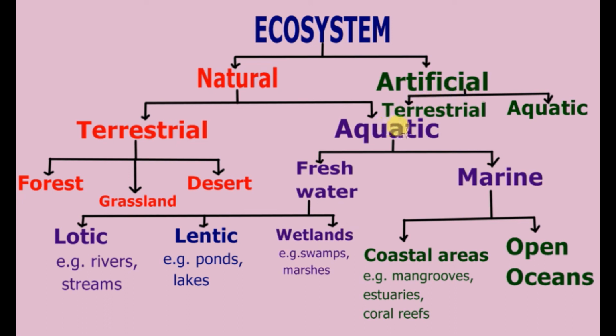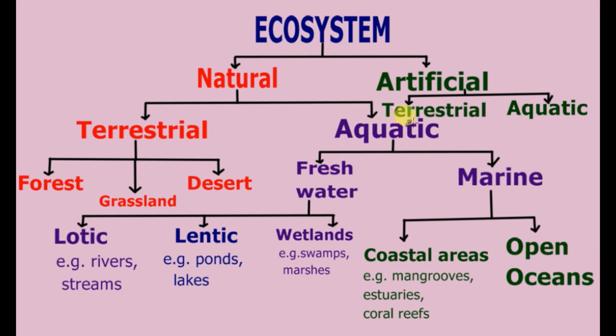It is again of two types, terrestrial and aquatic. Terrestrial is on land. So a crop field or a garden or a lawn that is made by man is an example of a terrestrial artificial ecosystem.